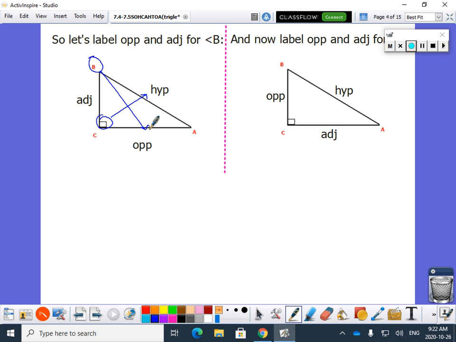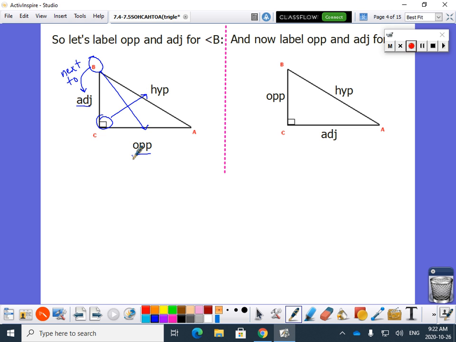Okay, so here, next to is adjacent. So across from the right angle is always the hypotenuse. Depending on the angle we're dealing with, in this case it's B, the side across from that angle is always opposite. The side next to that angle is always adjacent.